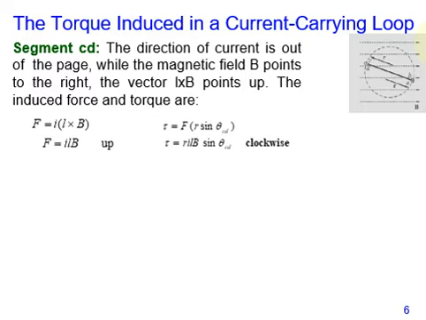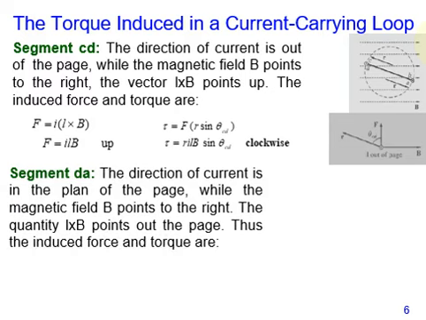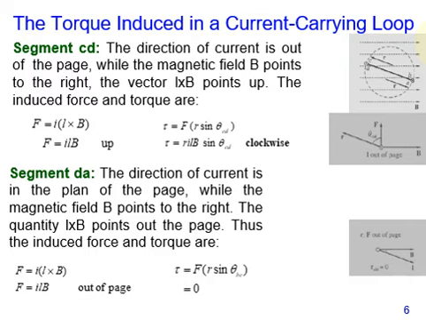Now if we talk about segment DA, the direction of current is in the plane of the page, while the magnetic field B points to the right, as already discussed in the previous figure.